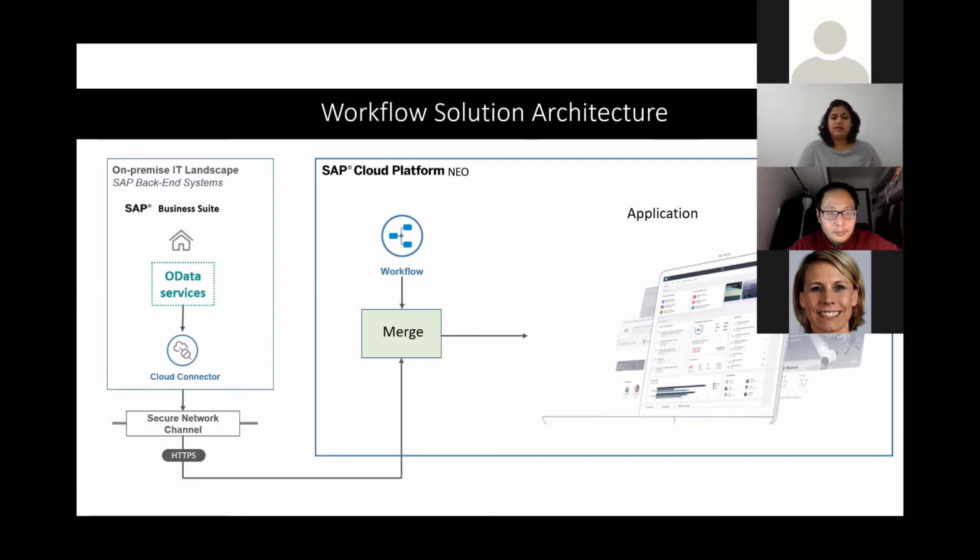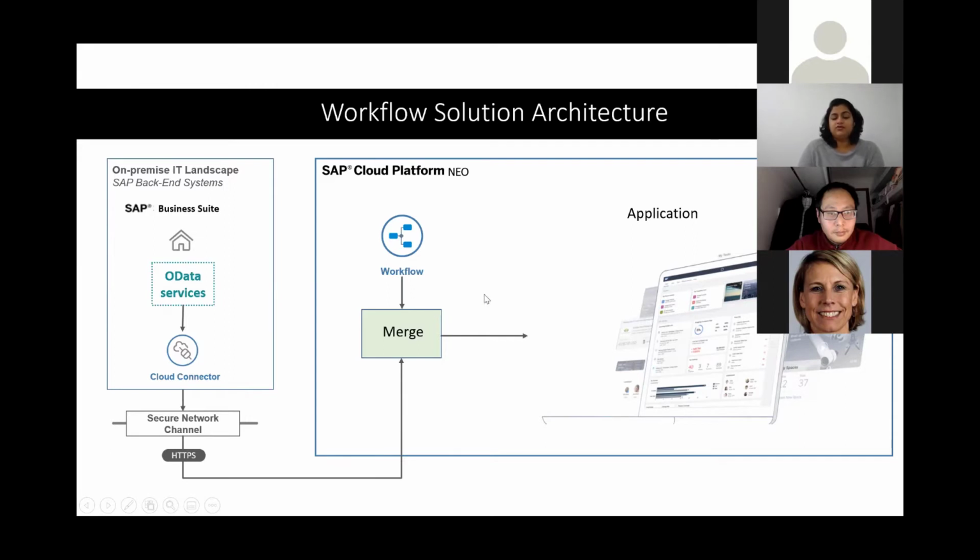That was the requirement. So what we came up with was the workflow. We had data in the backend ECC, so we connected to the OData service, to the cloud connector and the secure network, as you all know how we connect to the cloud platform.